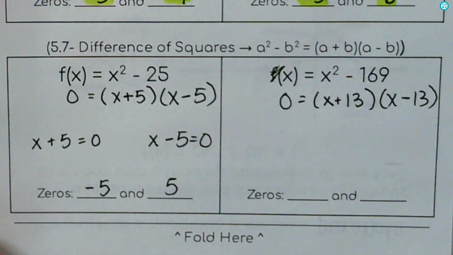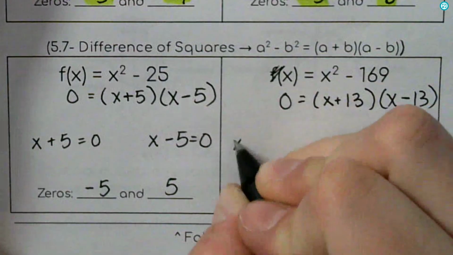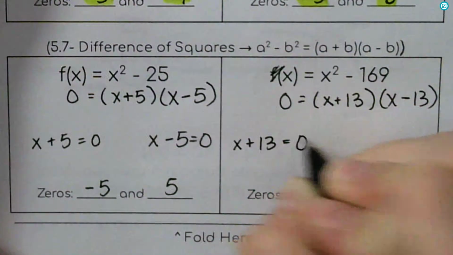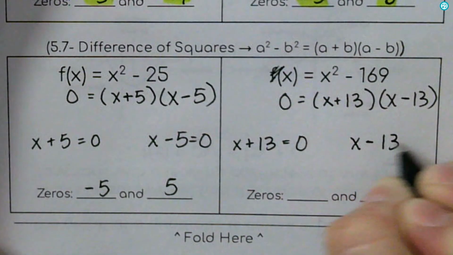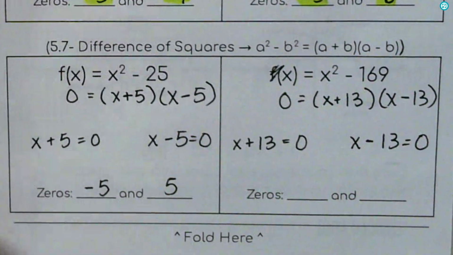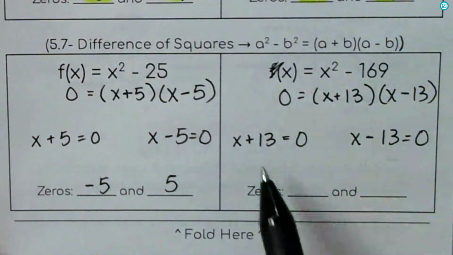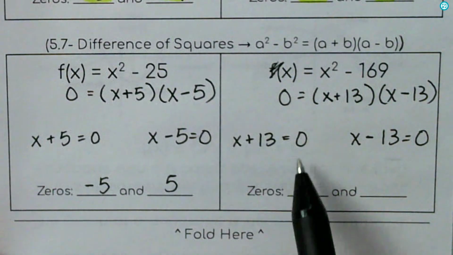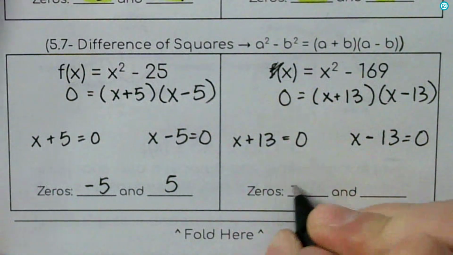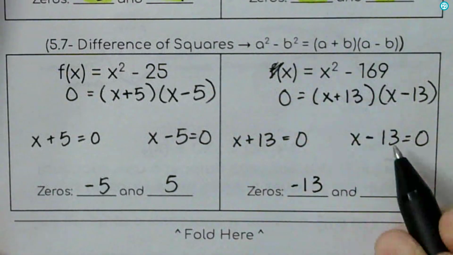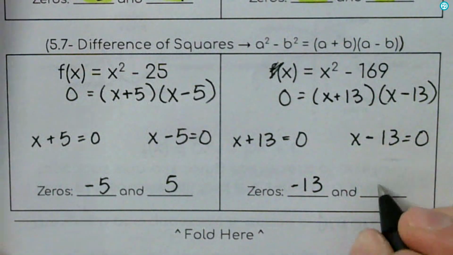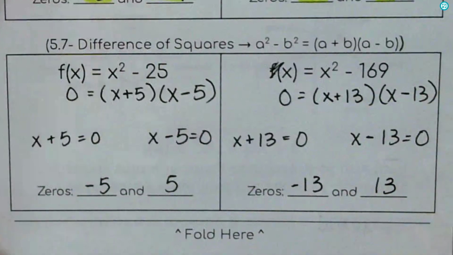Then I set each of my factors equal to 0. So x plus 13 equals 0, and x minus 13 equals 0. If I were to solve this one, I would subtract 13 from both sides, so I would get negative 13 as a 0. This one, I would add 13 to both sides. I would get positive 13 as a 0.